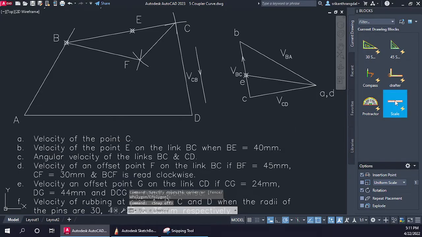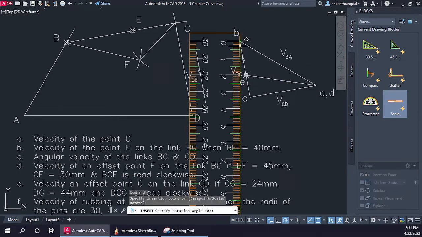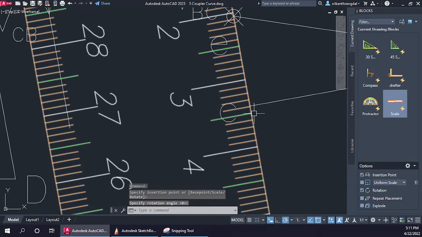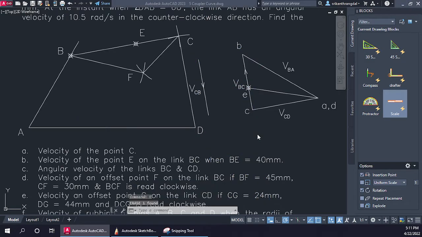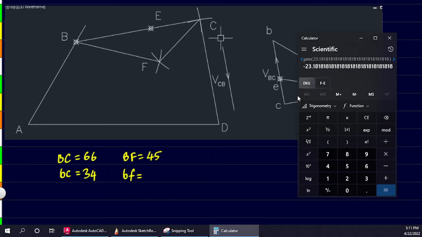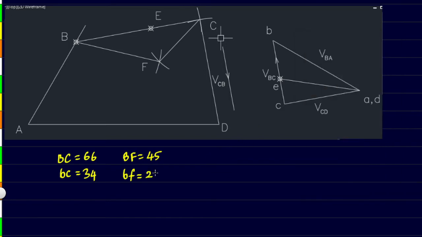Now let us see how much it comes out to be from this point to the point c. We see that it is 3.4 something. Let's take that here. So 3.4 or 34 mm, and similarly we have to find bf. So we just need to multiply these two and divide by this. So doing that, we are getting a length 23 point, no, we can just ignore it. So we can just take 23 mm as the length for bf.